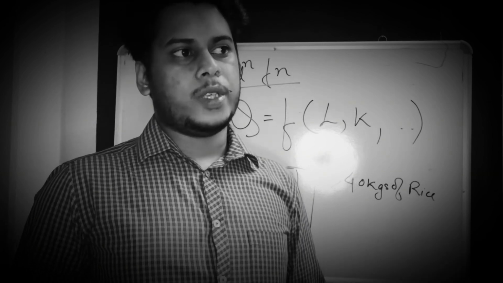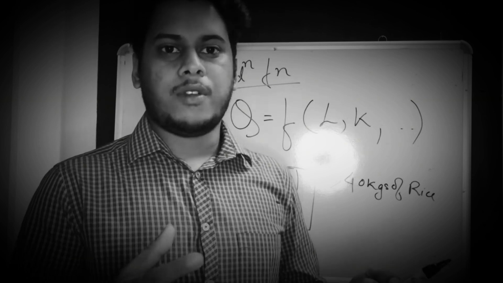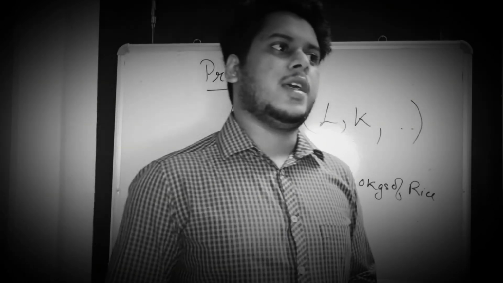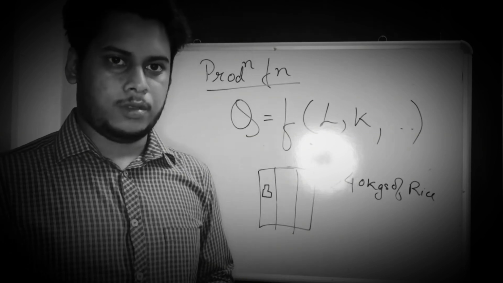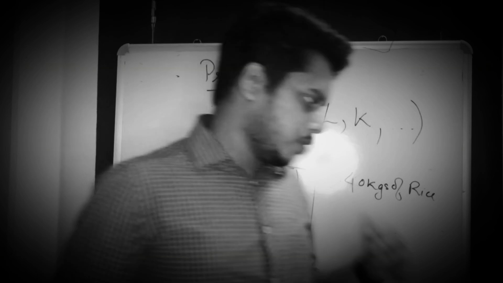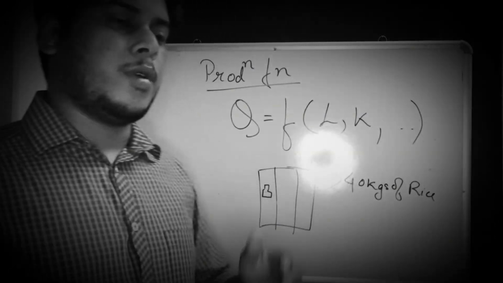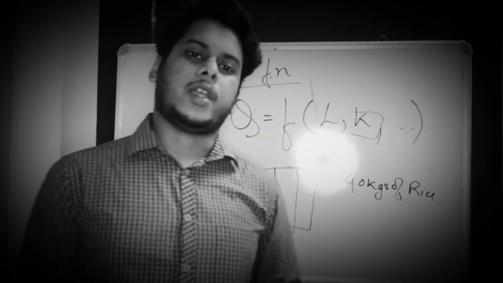Or we can say we might be able to produce the same level of output by a smaller amount of input compared to the previous state. Okay, so I guess this topic is clear, how production function is dependent upon technology.